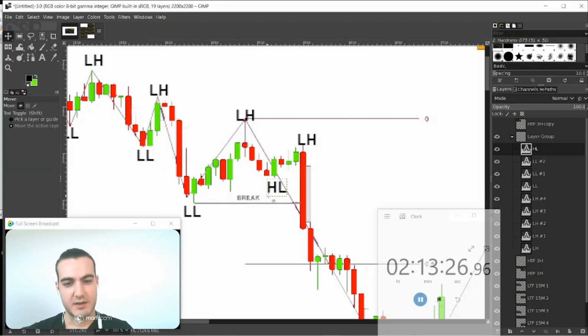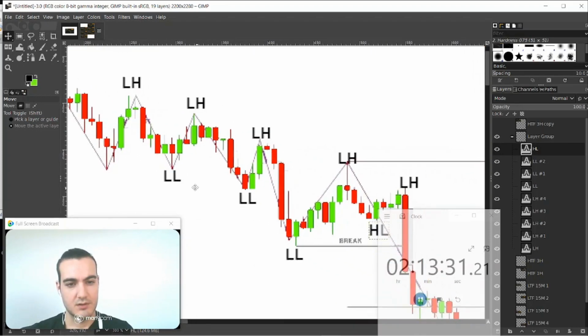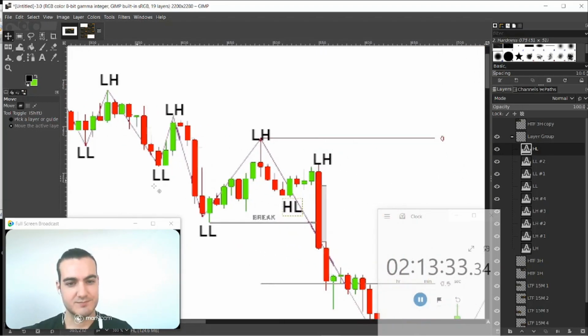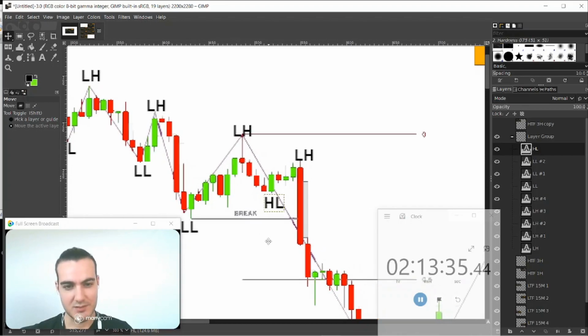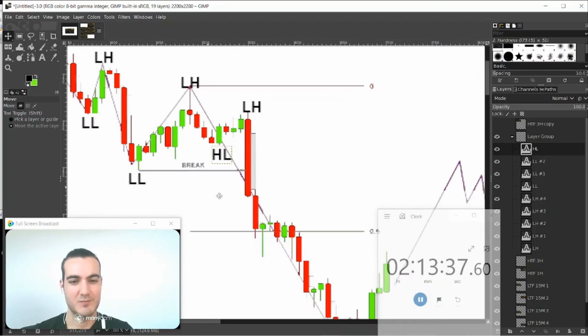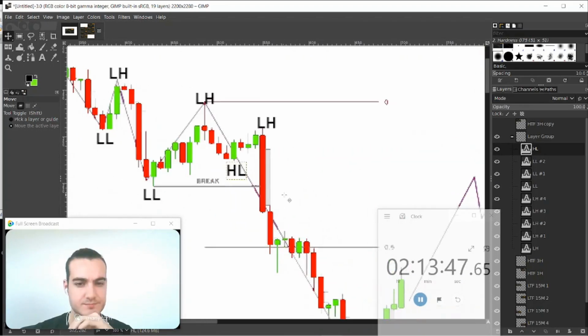We actually have a higher low here, which could signal something is about to happen, and then it does happen.